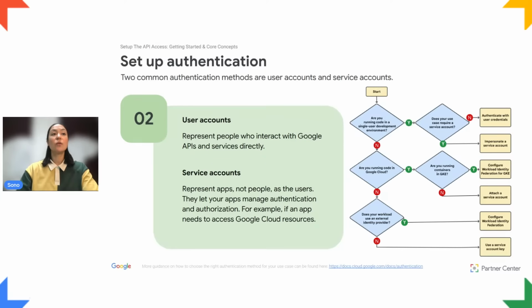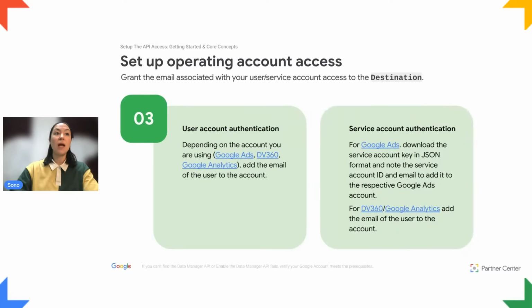So these are the two different options. Both are possible. You would just need to decide which way to choose and add them to the respective accounts. The process is quite similar. You would have the email address of the user account or the email address associated with the service account, and add them to the destination you want to ingest data to.